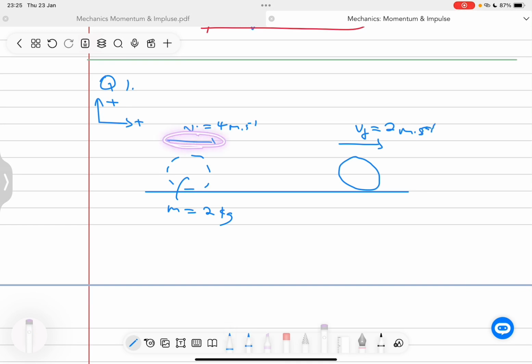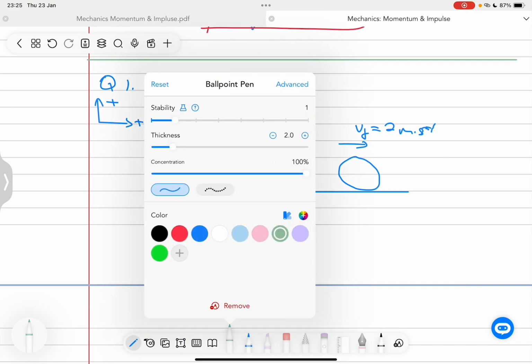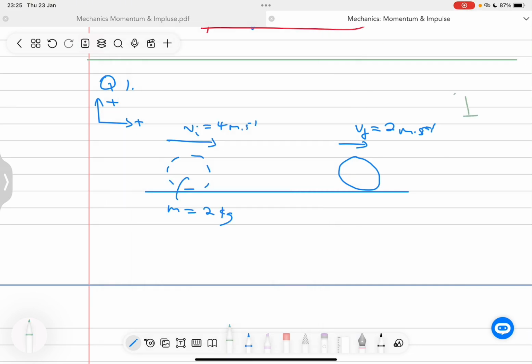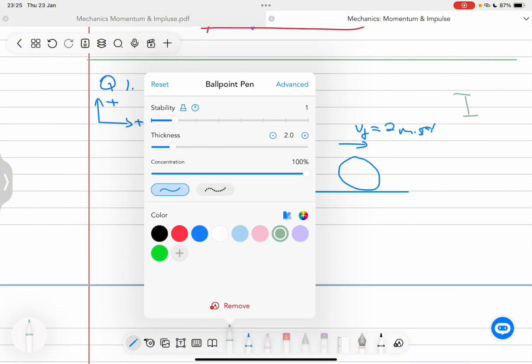This means that this object is actually slowing down because we have a vector that is smaller than the vector that we started with, 4 versus 2 meters per second. That is all I can do in terms of interpreting this problem. So in terms of our problem interpretation, we are done.